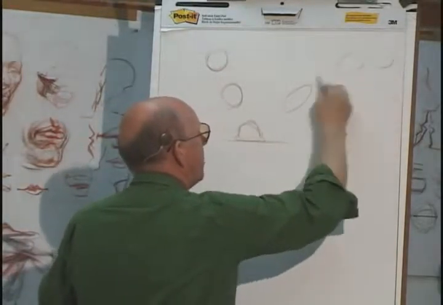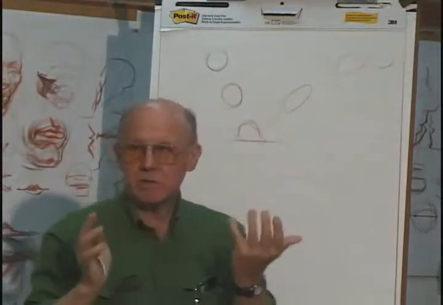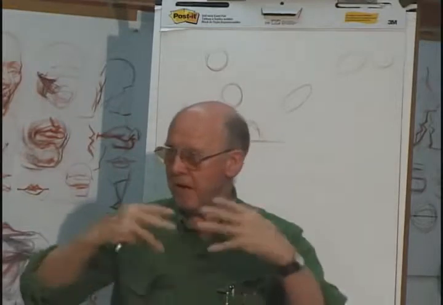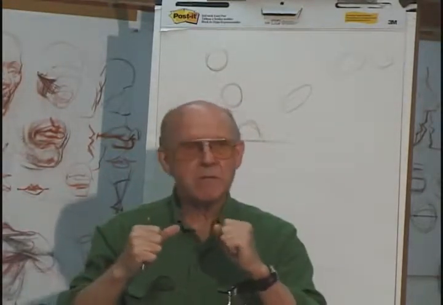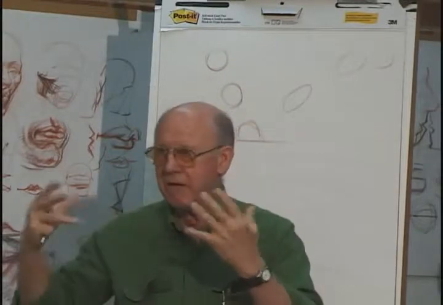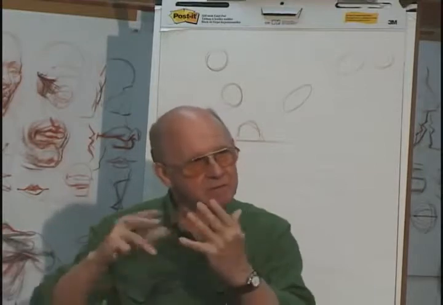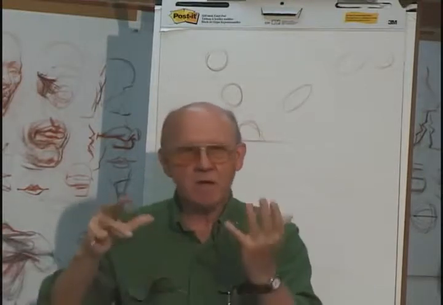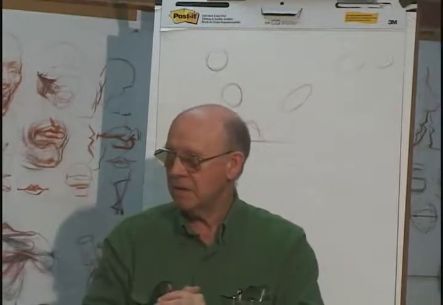And the spacing between gives us the illusion of reality. This is really what we're trying to do. We're creating an illusion. It's a symbol of reality. It's not the real thing. It's a symbol of it. But it's based on seeing what happens in the real world.